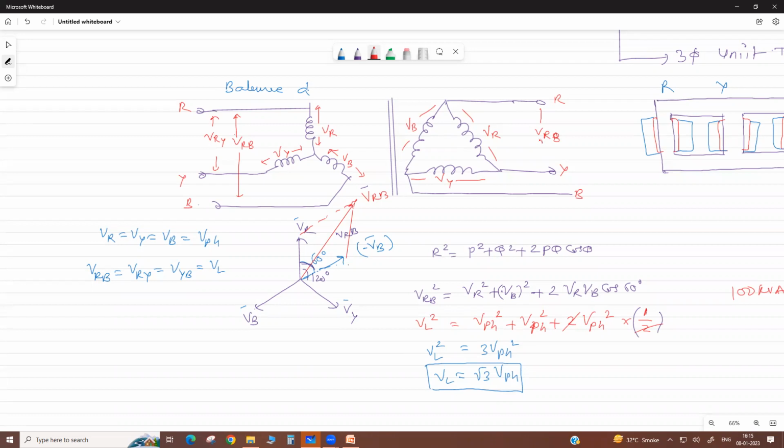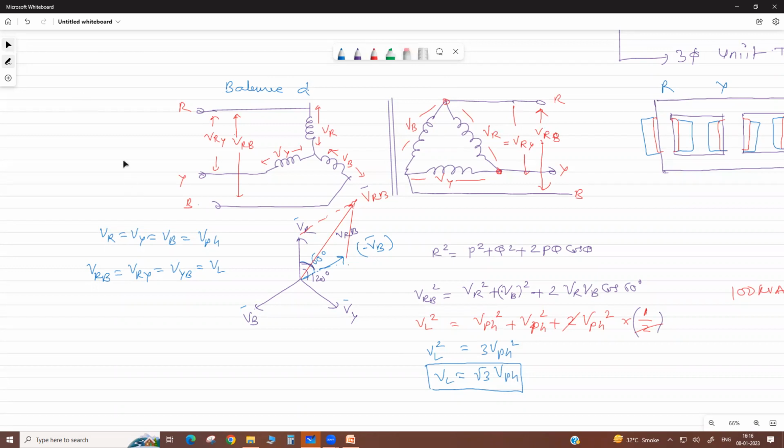Like here, we measure this voltage between this and this wire, then it will show the same value. In between these two points, this voltage is the same, no? The phase voltage equals the line voltage here, correct, no?